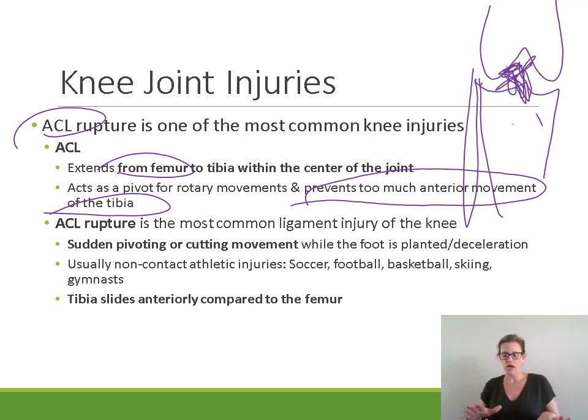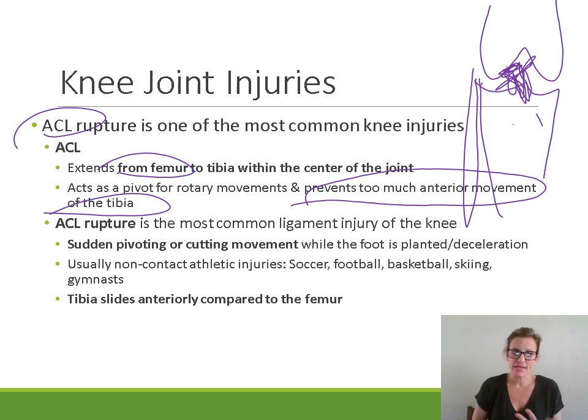When the person is zigzagging really fast, runs really quick, plants the foot, decelerates really fast and turns, the foot gets stuck planted where it is, but the rest of the body turns. So the femur twists on the tibia. And that's the pivot point. It allows some turning, but not much. So if you over pivot, you're going to tear that ACL.